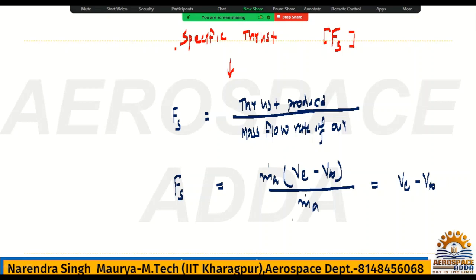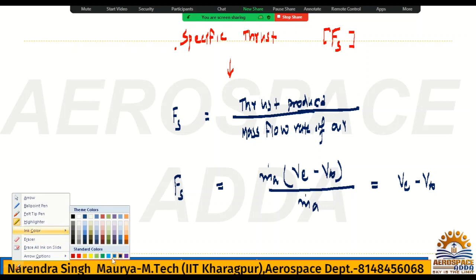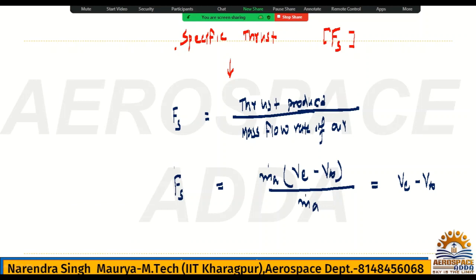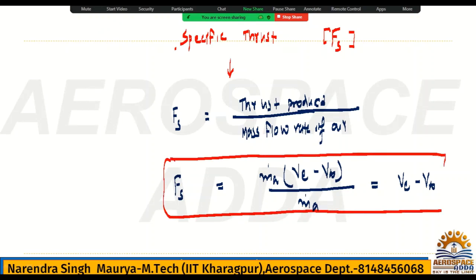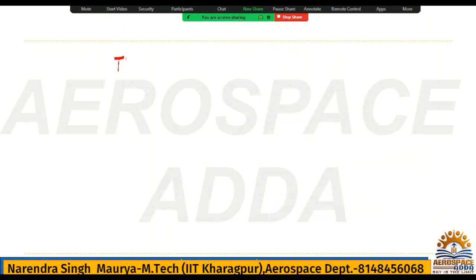This is very important. This formula you need to write. Generally, the thrust formula I told you: thrust is m dot a in bracket 1 plus f, times ve minus v infinity.